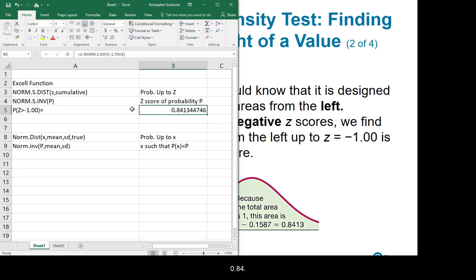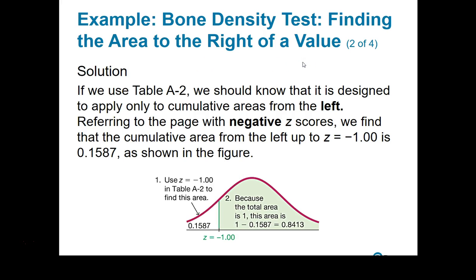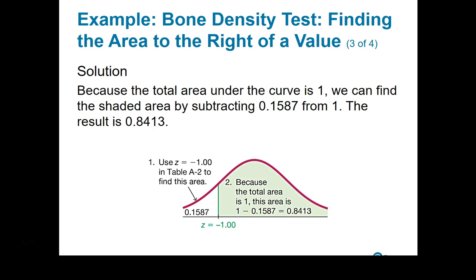Now we get 0.8413444746. Again, we get more digits. So that's good. And we find that with technology or using the table, we should be able to figure out what our probability is.